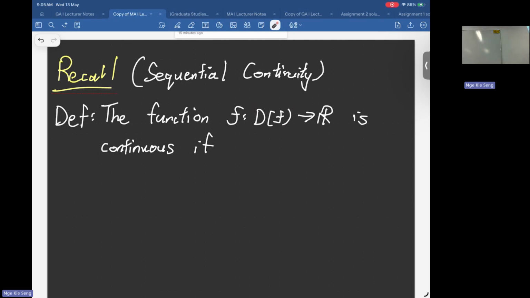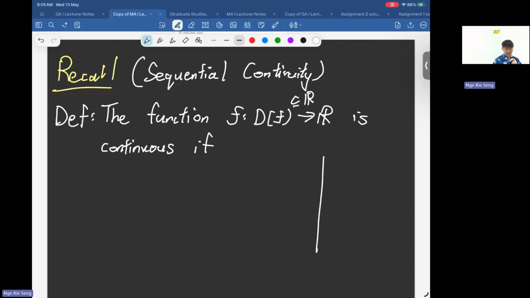Imagine this space here. What space is happening here? The domain and codomain, right? So you should imagine maybe from R to R. You have a function like that. Continuous is like you can draw without lifting your pen, right?